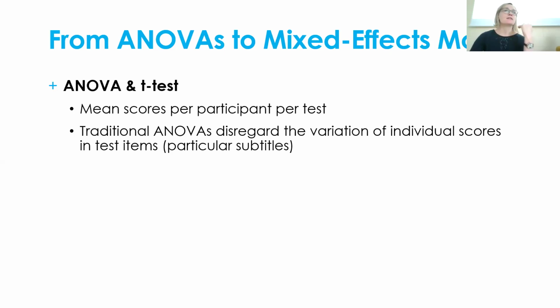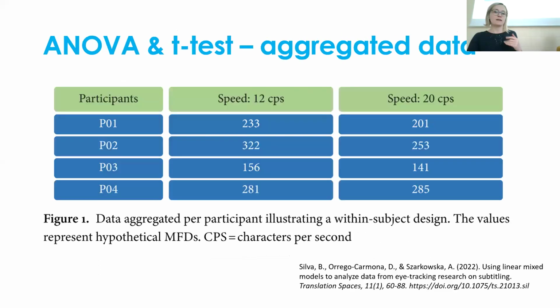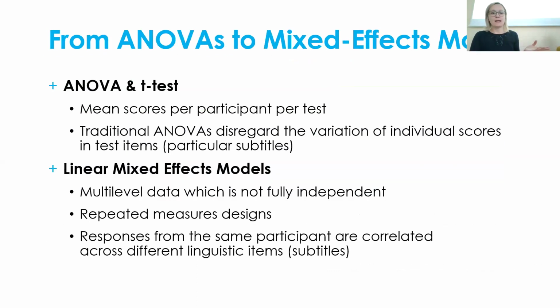And as we said previously, the word length, the word frequency, concreteness, all those values do matter, okay? We also disregard variation within the subtitle itself. So we can have a subtitle that consists of 1 single word in a single line, or we can have a 2-line subtitle with very many difficult words, etc. And what we ended up with here in ANOVA was 1 single value. So we're actually throwing out a lot of data and not using it, okay?